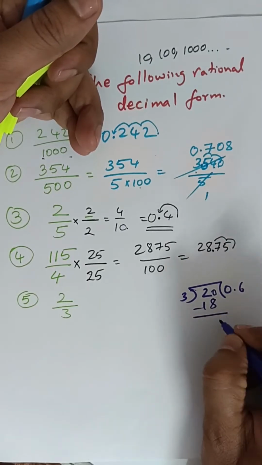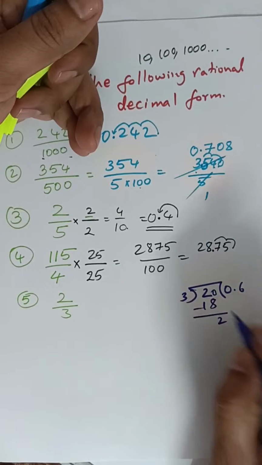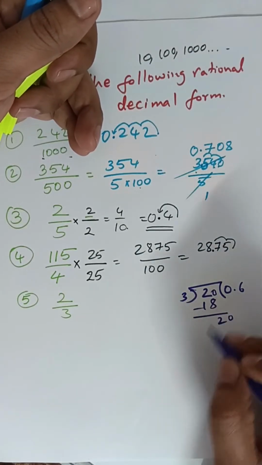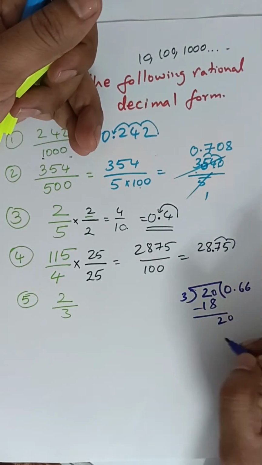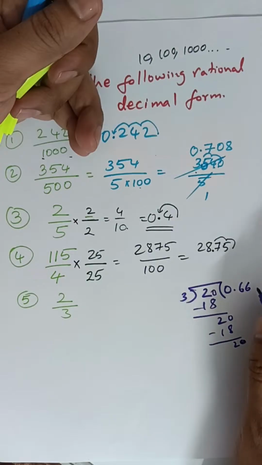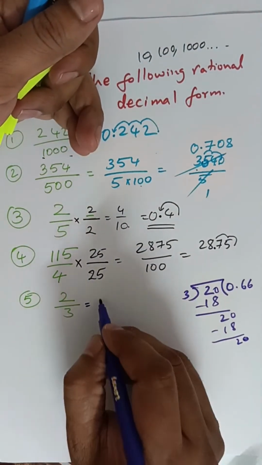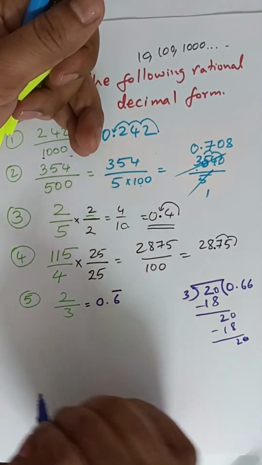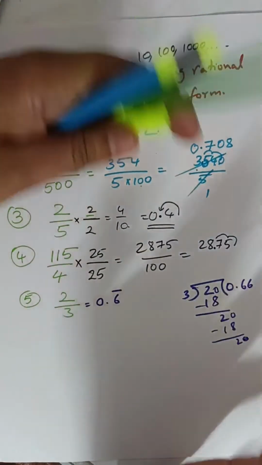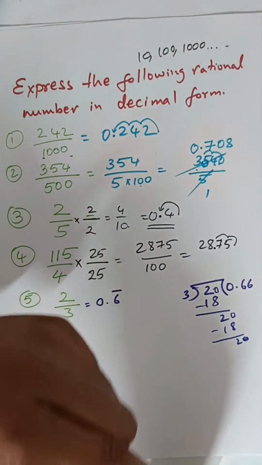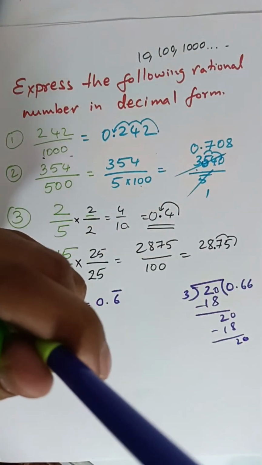You subtract this, you get 2, again smaller than 3, so it will repeat. You get 6, you get 18, you get 2, so it will repeat, okay? So the answer will be 0.6 bar. Hope you understand.